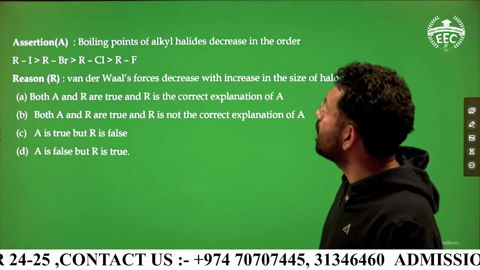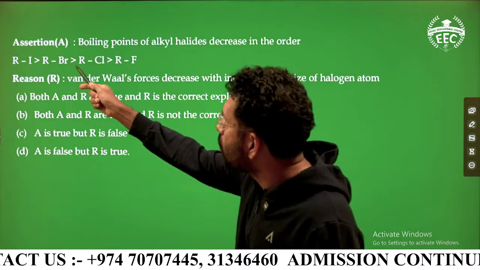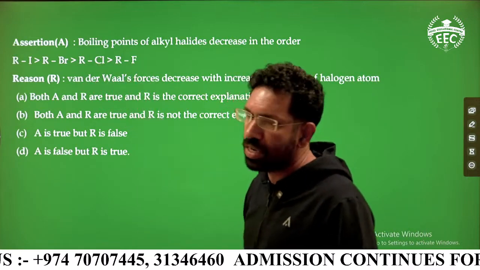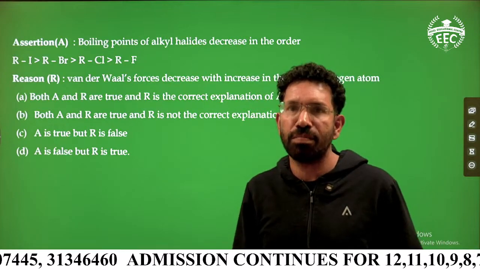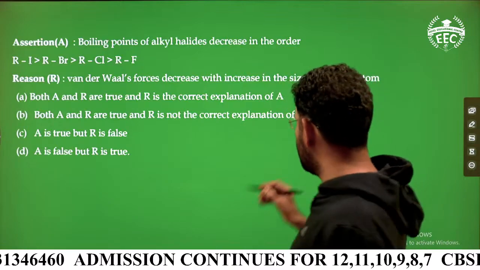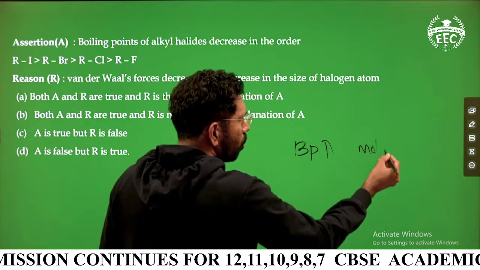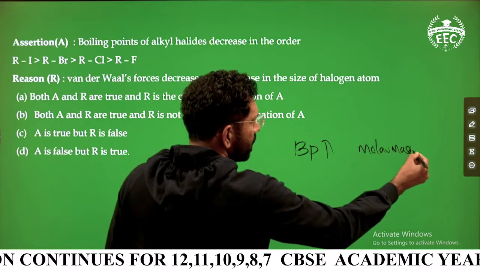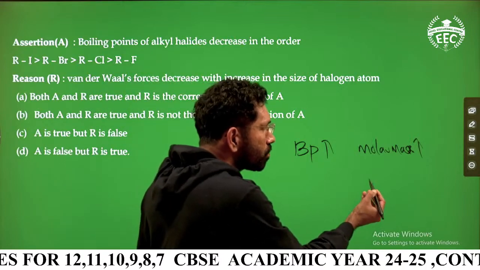Boiling points of alkyl halides decrease in the order alkyl iodide, alkyl bromide, alkyl chloride, alkyl fluoride. We studied before that boiling point depends upon molar mass. Boiling points increase with the increase in molar mass, or increase in van der Waals forces.